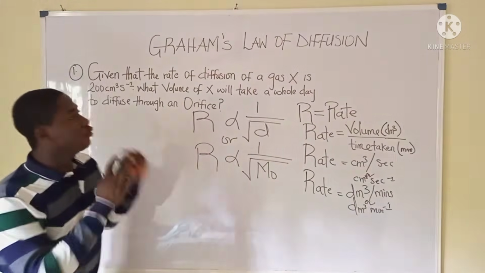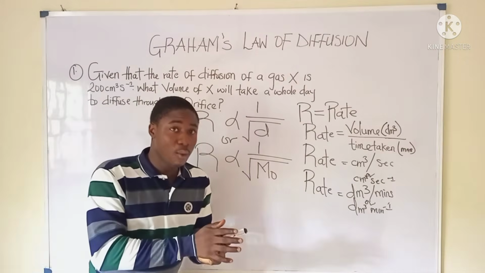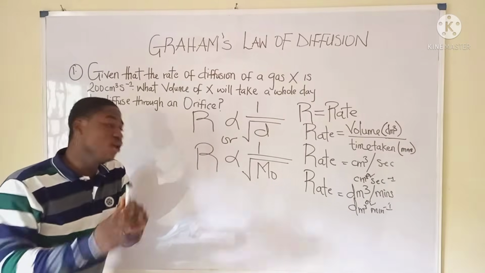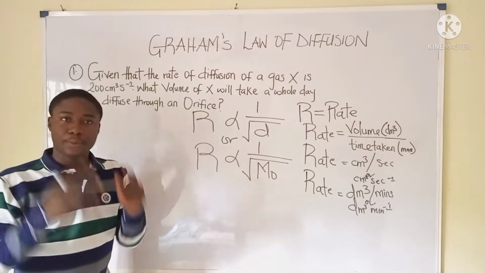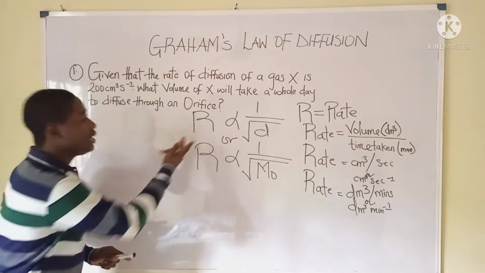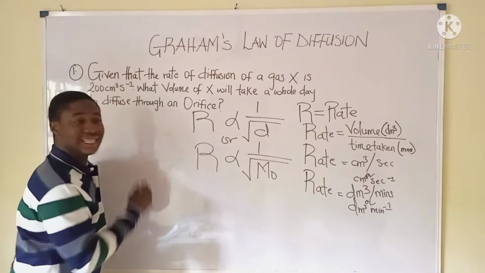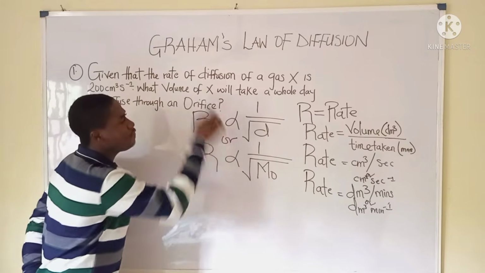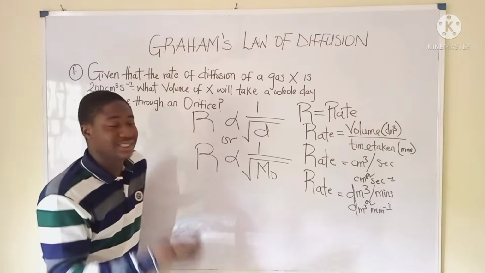Now, on Graham's law of diffusion, we have different formulas to understand. I'll be showing different formulas to memorize when solving problems on Graham's law of diffusion. Let's work with the first mathematical expression. We said that the rate of diffusion is inversely proportional to the square root of its density.